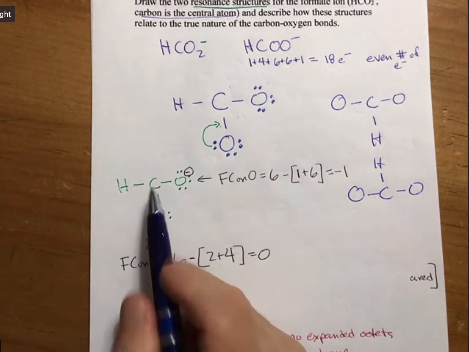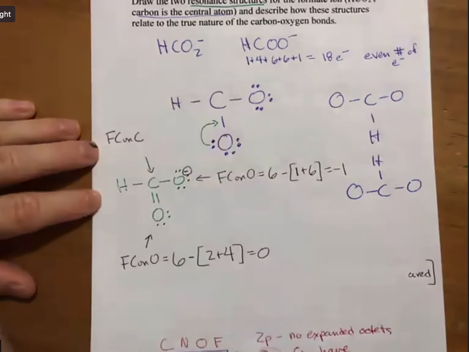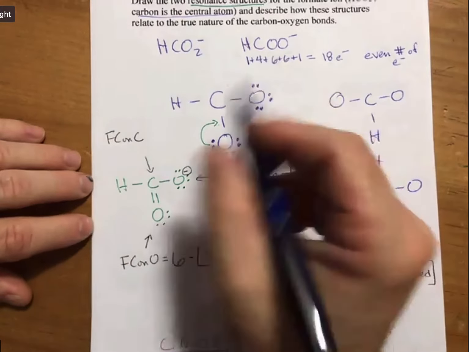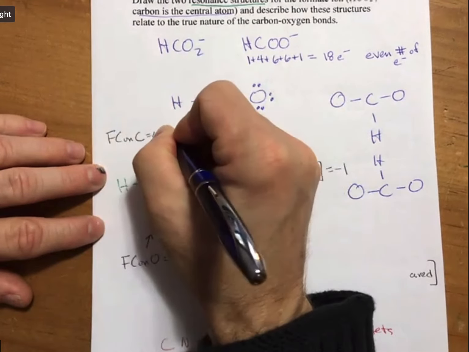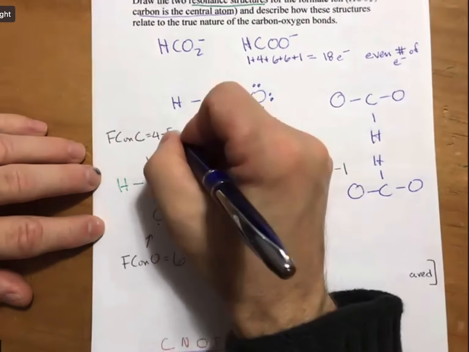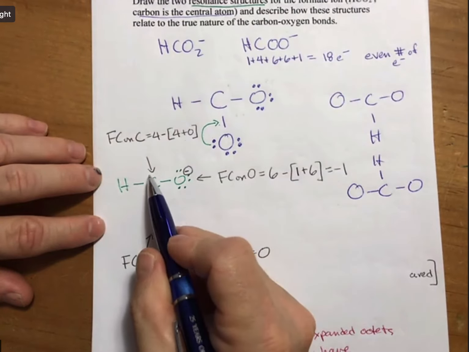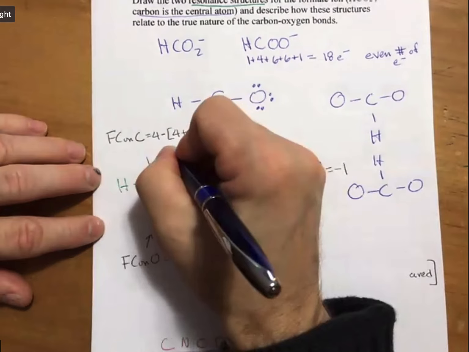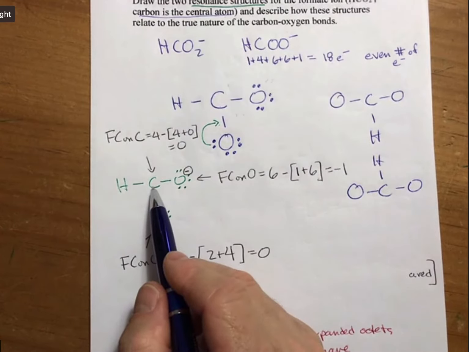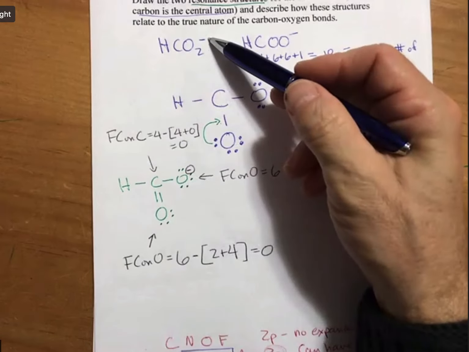And if we now do the carbon here, the formal charge on the carbon says carbon has 4 valence electrons from the periodic table. And it has 1, 2, 3, 4 bonds plus 0 unshared electrons. 4 minus 4 is 0. Good, because if we ended up with a formal charge here that was other than 0, our formal charges wouldn't equal the charge on the ion.